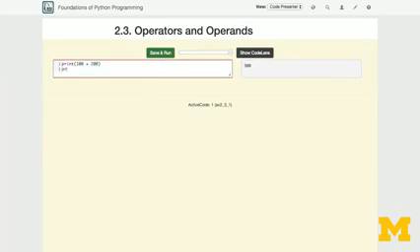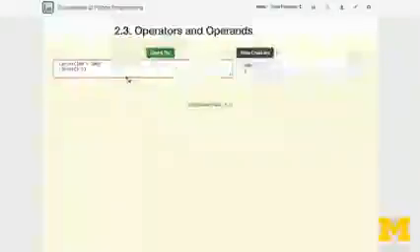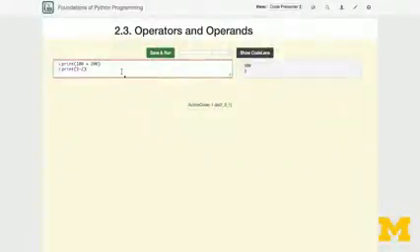So there's subtraction. When I print out the value of 5 minus 2, then we get 3. If we reset our code here, there's also multiplication. Multiplication is done using the star symbol.